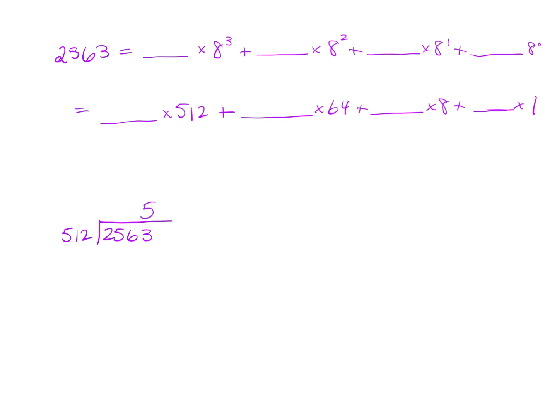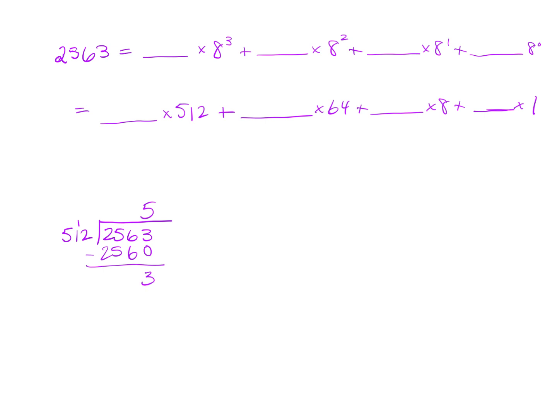Now we multiply that 5 times 512. 5 times 2 gives me 10, so I put 0, carry the 1. Then 5 times 1 is 5, plus 1 is 6. And 5 times 5 is 25. 2,560. You subtract, and we have a remainder of 3.